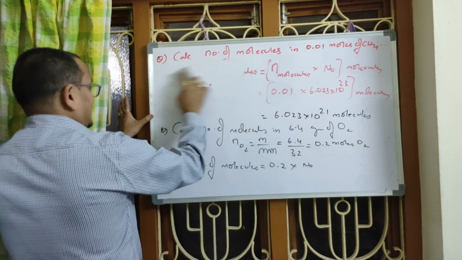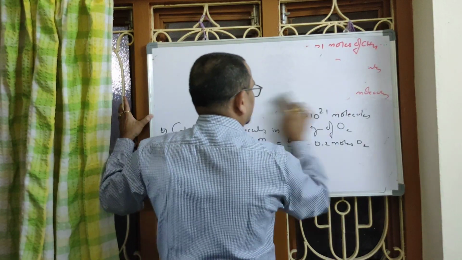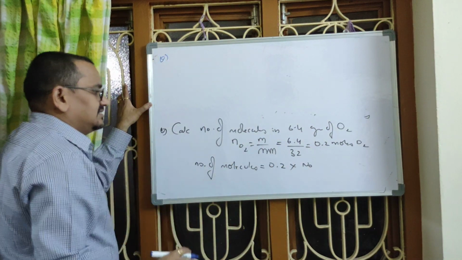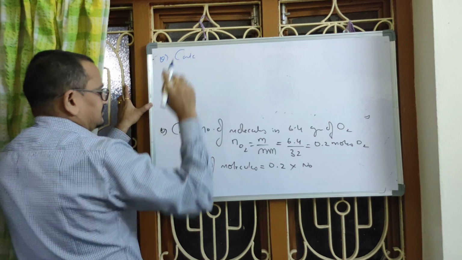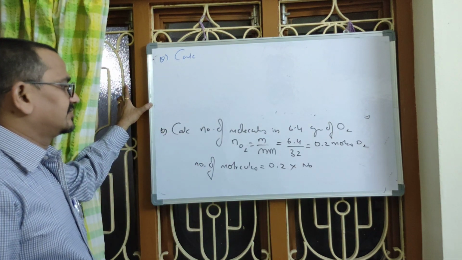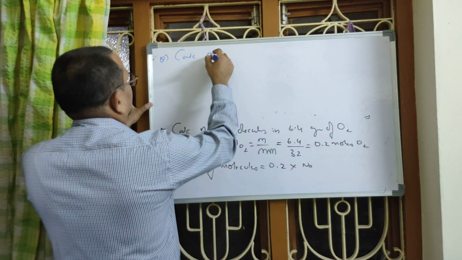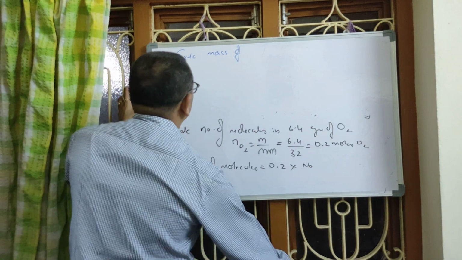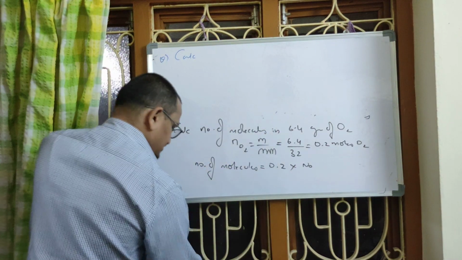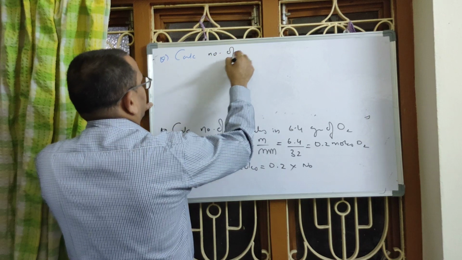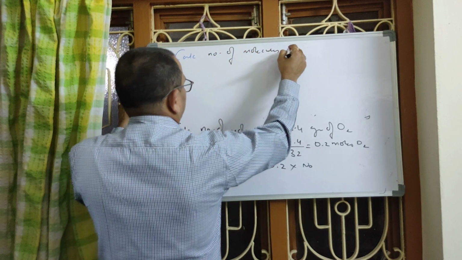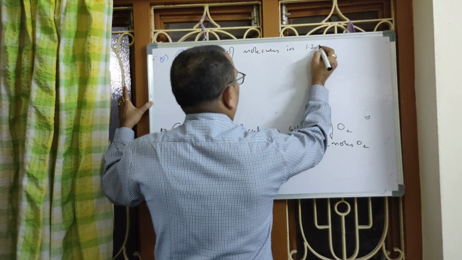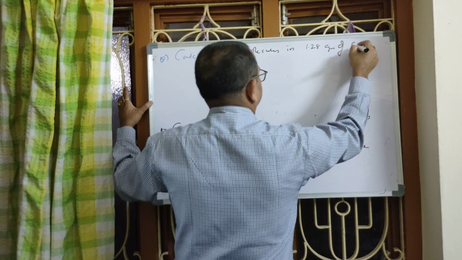Same way, just like we noticed numericals in calculation of number of atoms, here also some rearranged questions may be asked. See, this time calculate number of molecules in 1.28 grams of SO2.